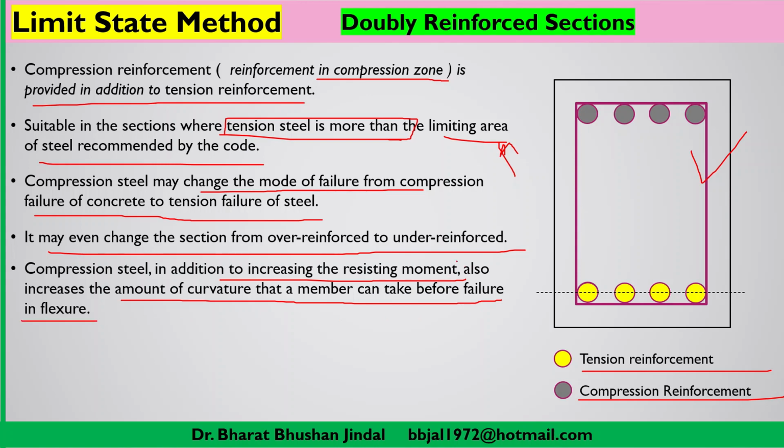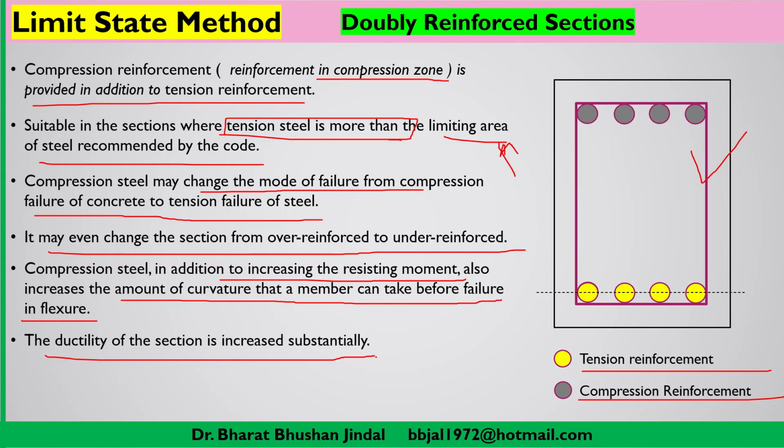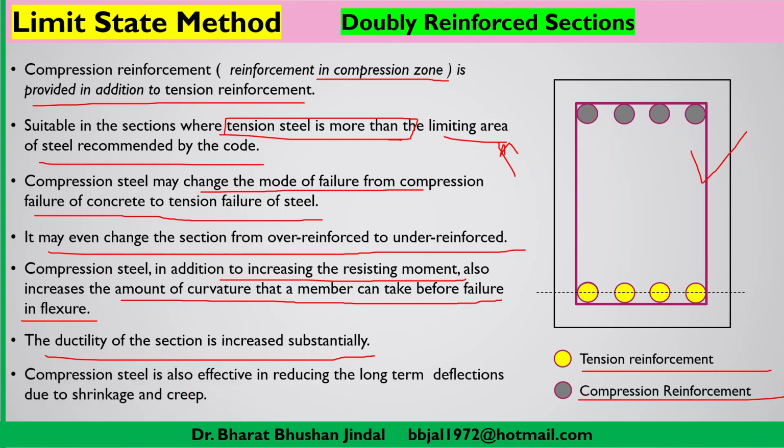So it has its own advantage in case of curvature, that means in case of deflection criteria. Moreover, the ductility of the section is also increased by providing a doubly reinforced section. And the compression steel is also effective in reducing the long-term deflection, which may be due to shrinkage as well as creep. So here are a few of the advantages of providing steel in the compression zone along with the tensile zone.